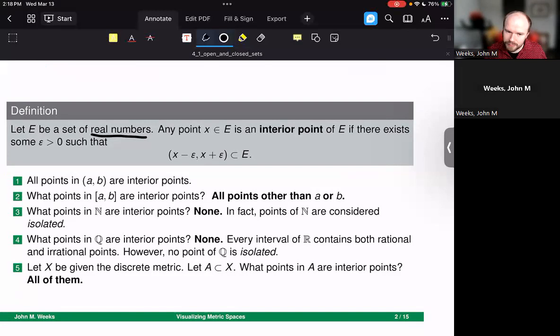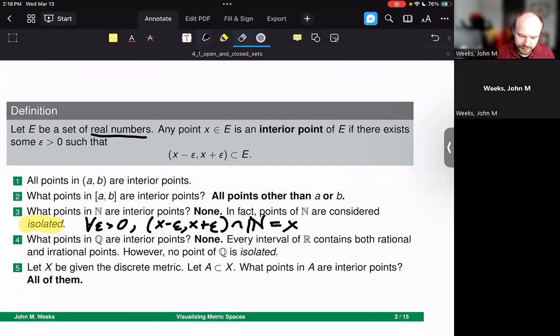What points in the natural numbers are interior points? None of them. In fact, points in the natural numbers we will be calling isolated points. And that's going to be because if I consider, for all epsilon greater than 0, the set (x minus epsilon, x plus epsilon) and look at how its intersection works with just the set of natural numbers, then that's just going to be x.